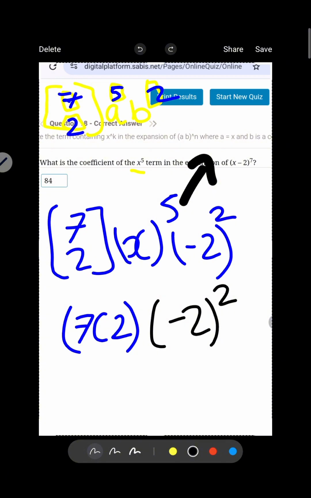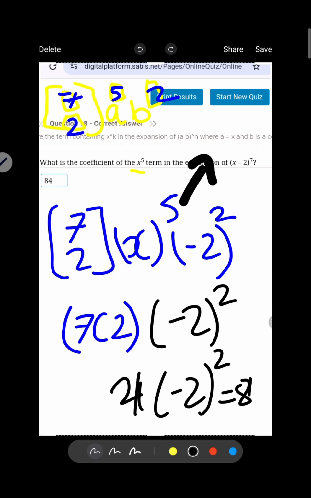So 21 times negative 2 to the power of 2, 84. They only said they want the coefficient, so just coefficient.